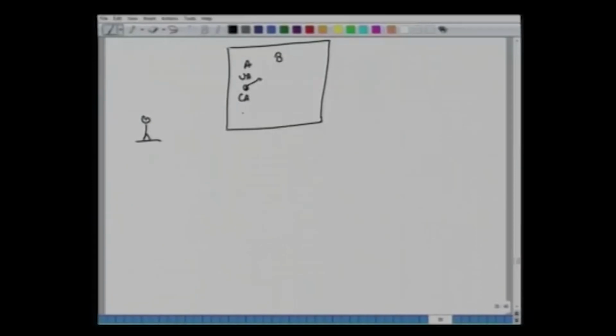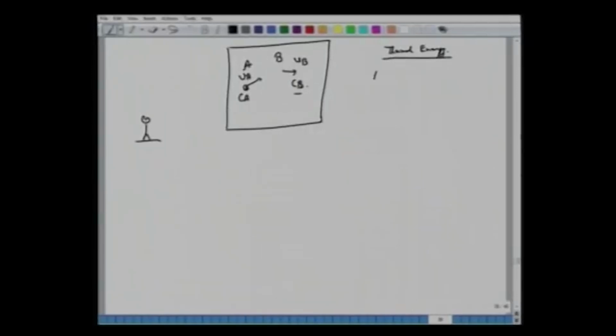Concentration at this location is maybe CA. Similarly, B here is, let's say, VB, concentration is CB. All right. So why do these molecules move in different directions? One is, of course, thermal energy. So we're talking of random motion.